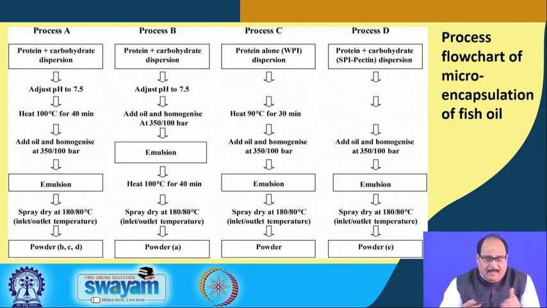In the other case, the oil was added, the emulsion was prepared, and then the emulsion was heated and the heated emulsion was spray dried. In other cases, only proteins were used as a wall material, and the effect of all these process parameters as well as the wall materials on the microencapsulated fish oil characteristics was studied by those researchers, and they reported that ultimately they give microencapsulated fish oil with good stability, good functionality, and other characteristics.